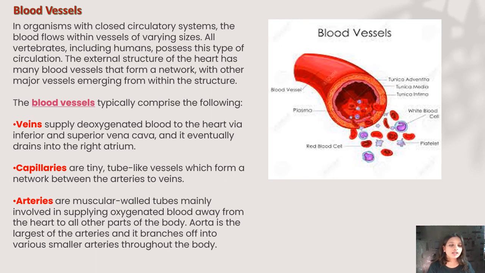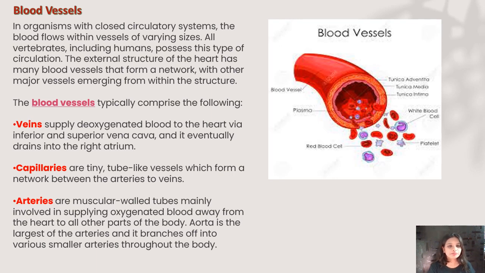Blood vessels. In organisms with closed circulatory systems, the blood flows within vessels of varying sizes. All vertebrates, including humans, possess this type of circulation. The external structure of the heart has many blood vessels that form a network with other major vessels emerging from within the structure.